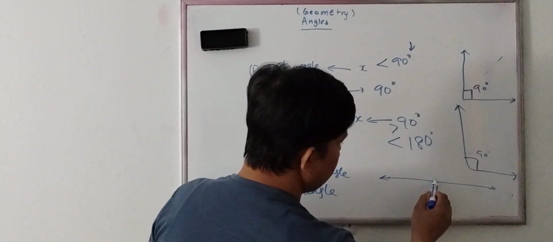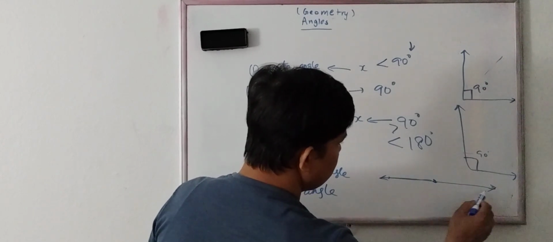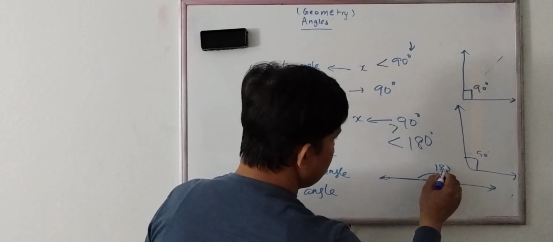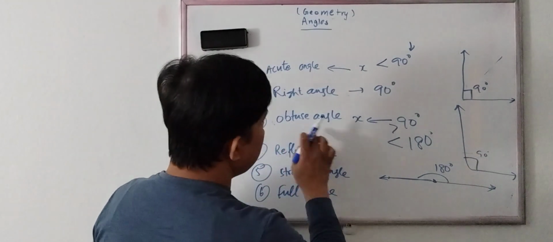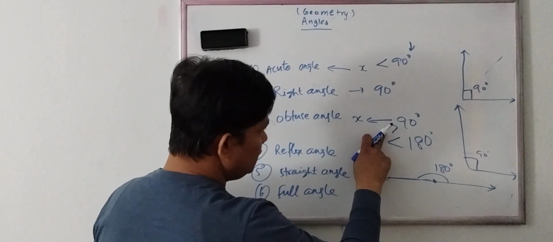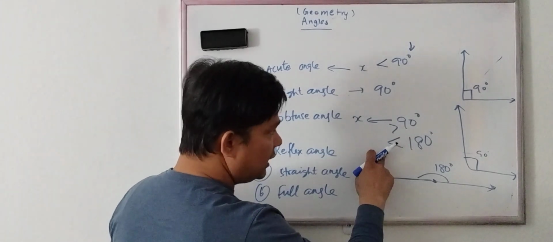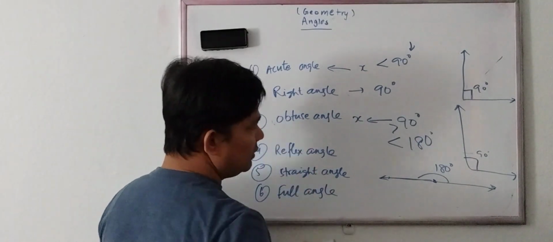Then when these two lines go in opposite directions, that will be your 180 degrees. So any angle which is greater than 90, not equal to 90, greater than 90 and less than 180, anything between 90 and 180 will be an obtuse angle.